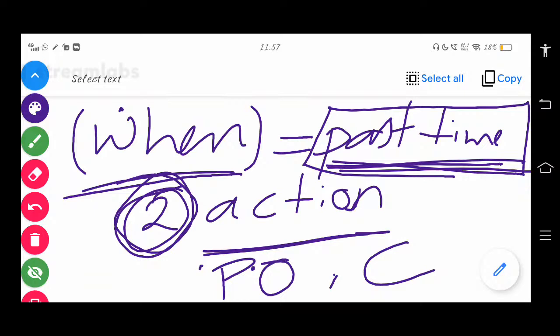But if only one person is involved in the two actions, we should not use past ongoing, only completed actions. Try to understand it. I'll tell you in Telugu also.